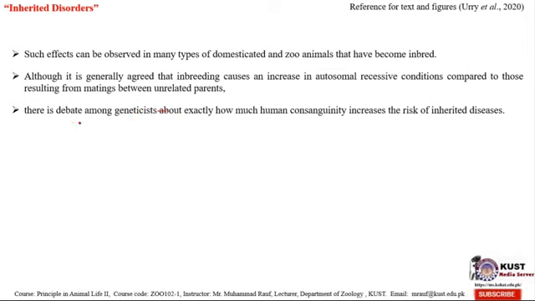Now there is a debate among geneticists about exactly how much human consanguinity increases the risk of inherited diseases.